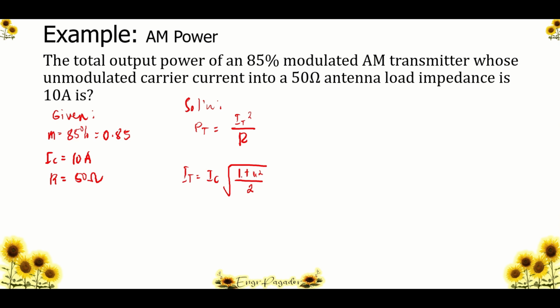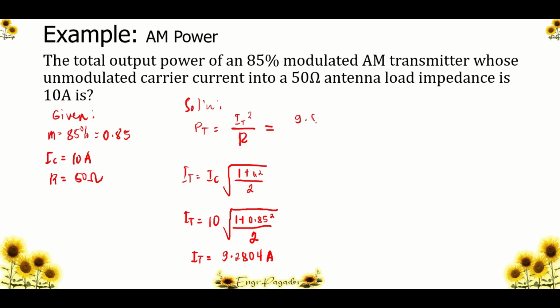So, if we are going to plug in the given parameters dito sa ating formula, we will have an equation of 10 times the square root of 1 plus 0.85 squared divided by 2. And IT now will be equal to 9.2804 amperes.